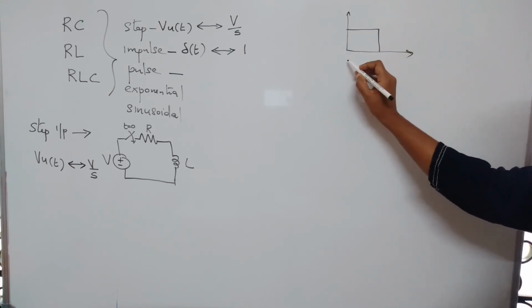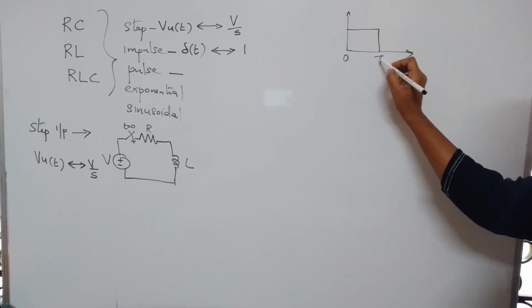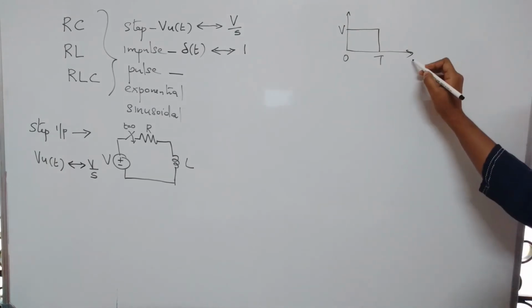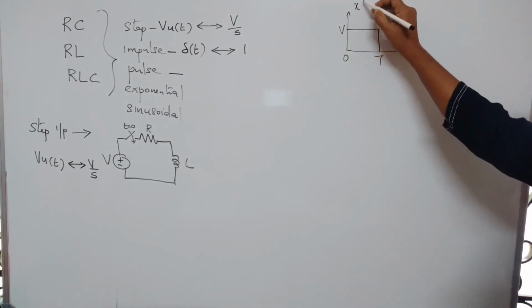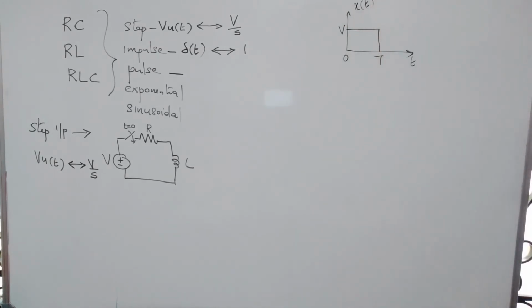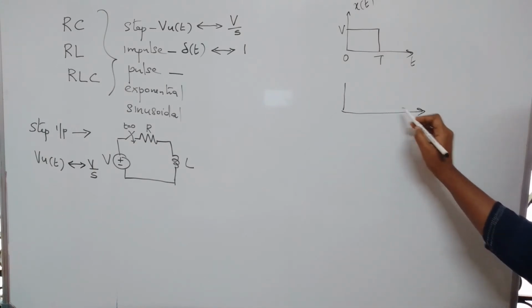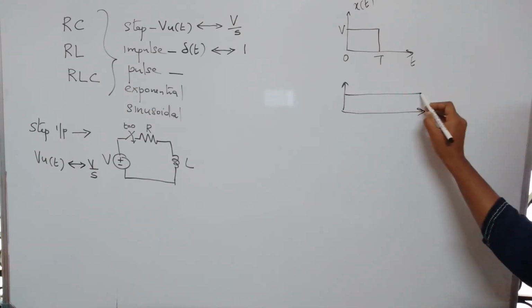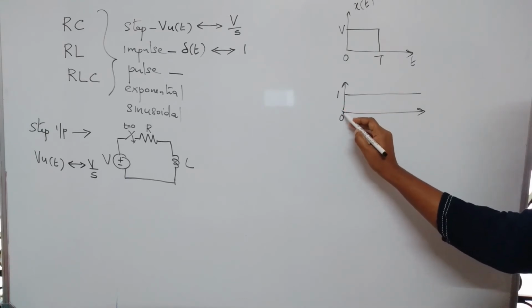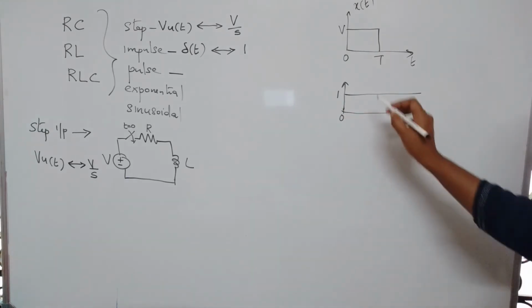Okay. This is the pulse function. Now how can we represent this? You can represent this in terms of u of t. We have learned it before. Now what is u of t? U of t is a function having magnitude 1 extending from 0 to infinity.